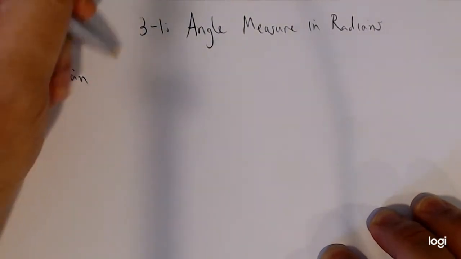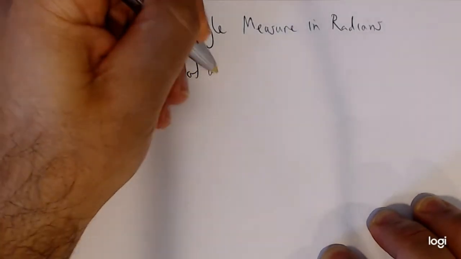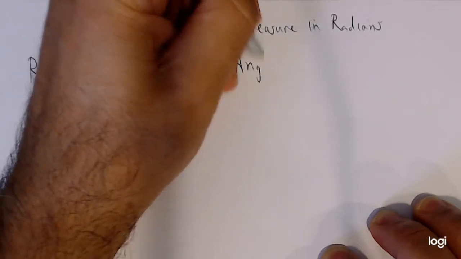So the radian measure of an angle. Let's first define what this is.